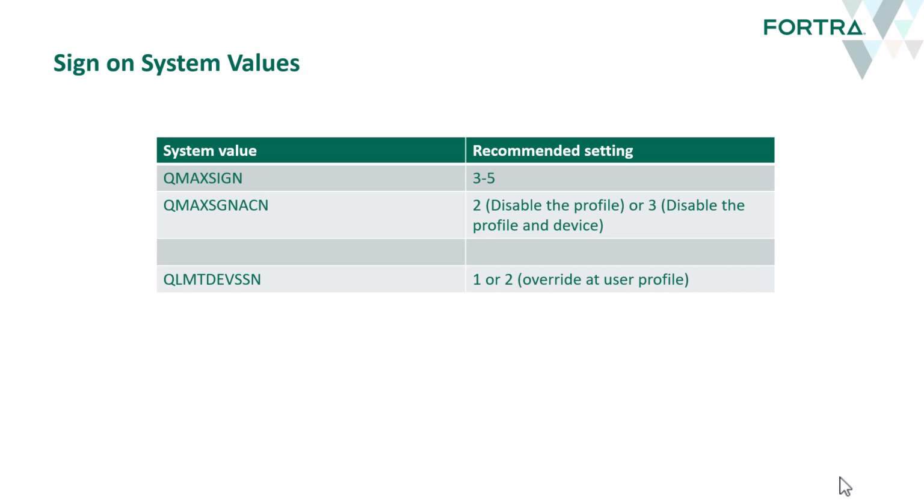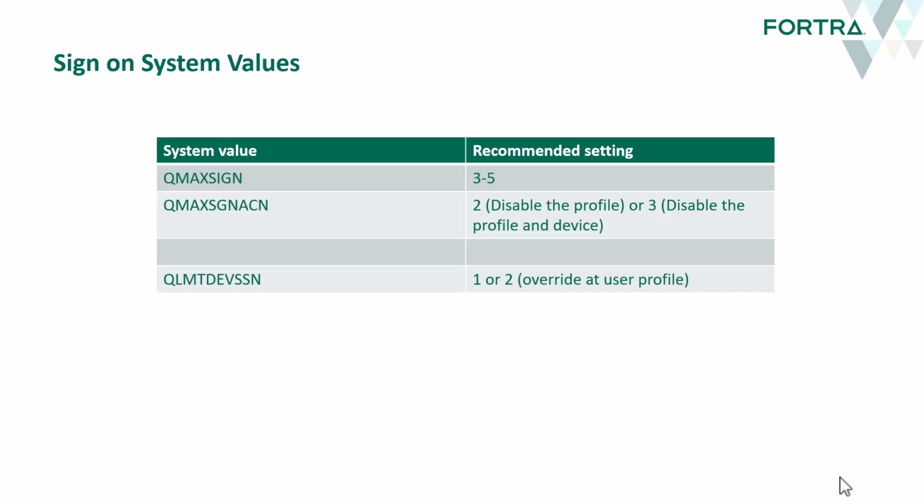The other step you can take is limiting the device sessions, or the interactive 5250 emulation sessions, that a user can be signed on to simultaneously. By setting that limit device sessions either at the system level, so 1 or 2, by default, all users would only be able to sign on to 2 green screen sessions at a time. And you can override this at the user level.